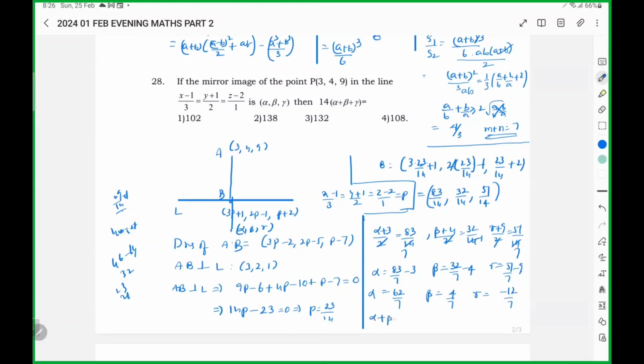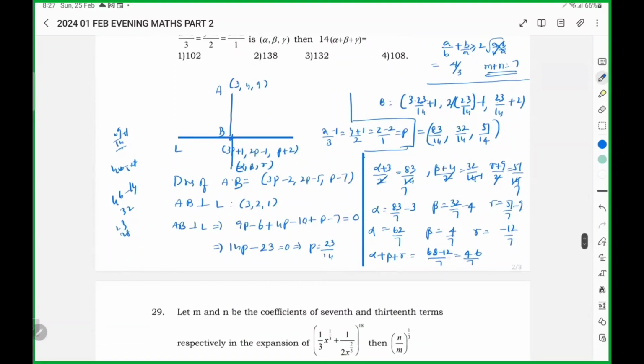So alpha plus beta plus gamma is 68 minus 56, we get here 56, right? Fourteen times alpha plus beta plus gamma is 108.